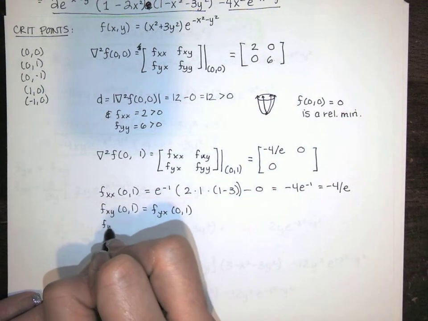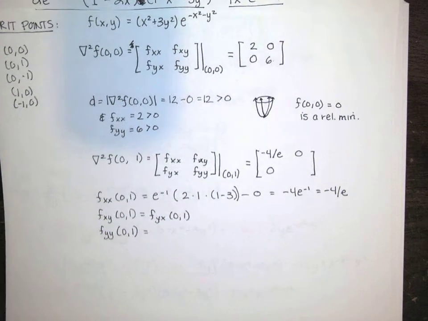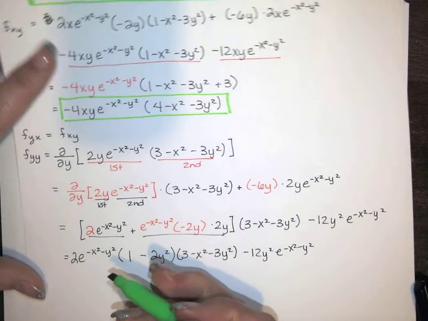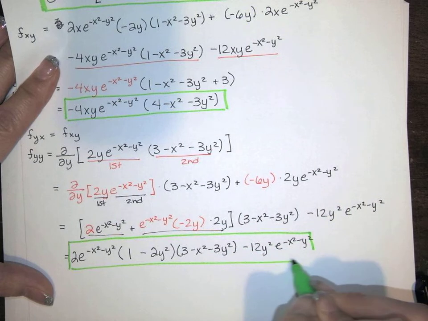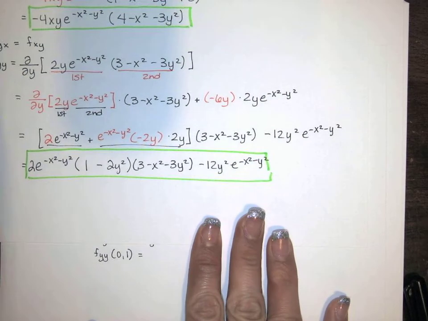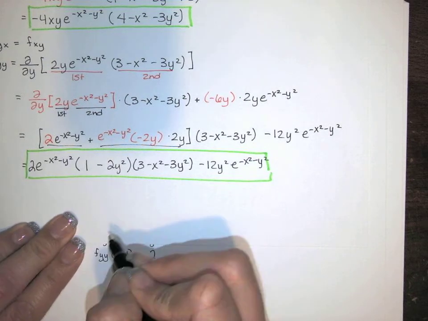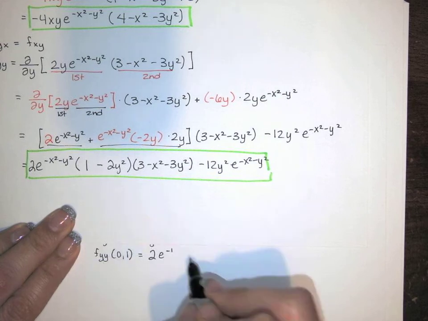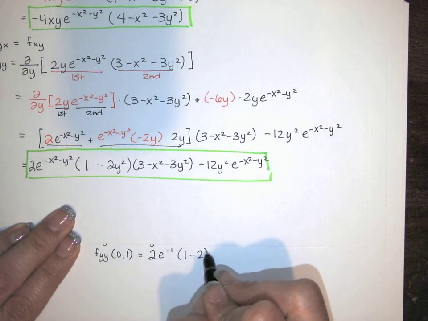And then let's find the second partial with respect to y at (0, 1). So we're evaluating that at (0, 1) now. We have 2e to the negative 1 times (1 minus 2).